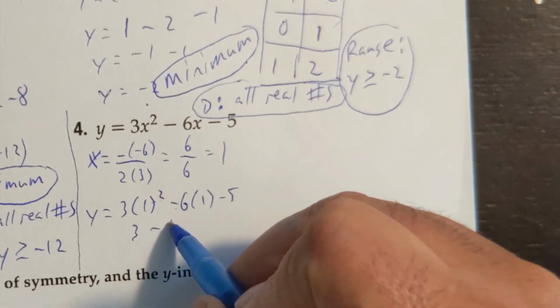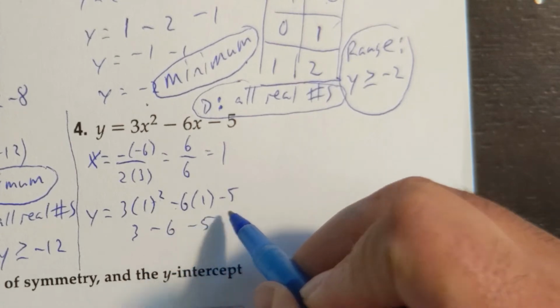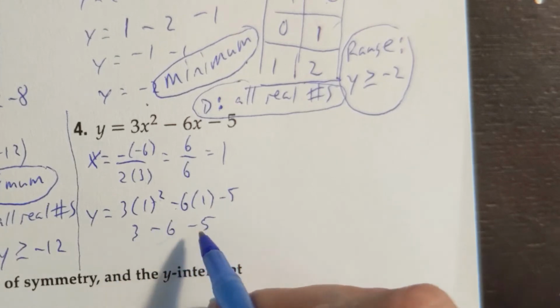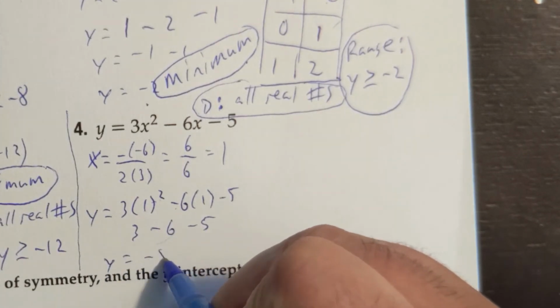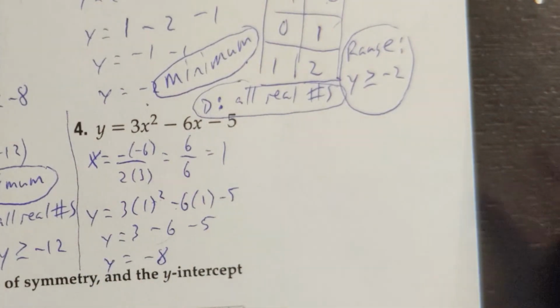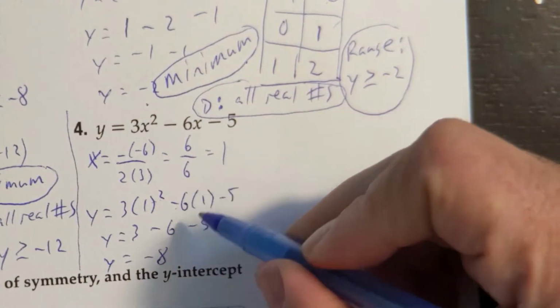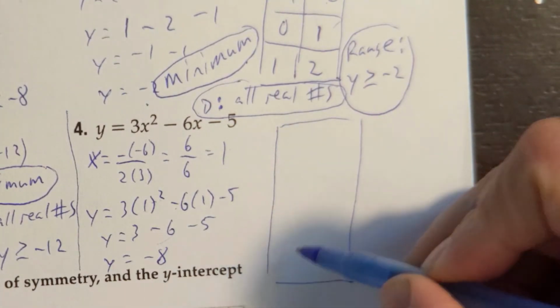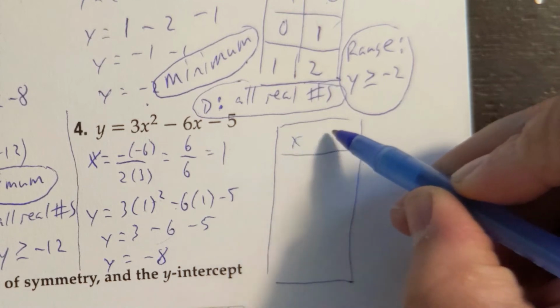Negative 6 times 1, we're at minus 6. 3 minus 6, this is negative 3, and then negative 3 minus 5, it's negative 8. That means that our vertex is 1, negative 8. If we do our table, that's going to be our middle coordinate.